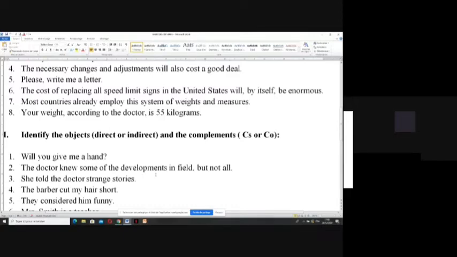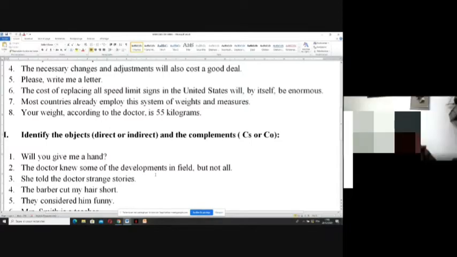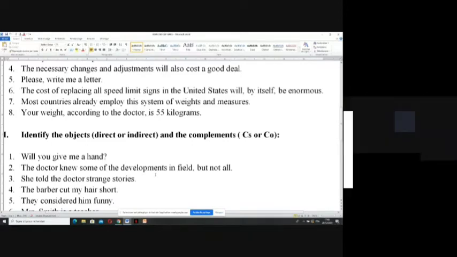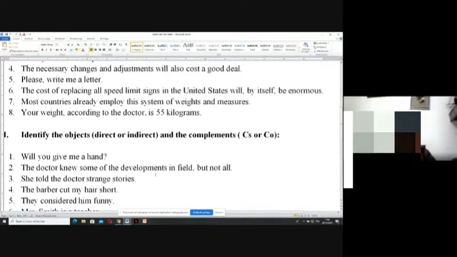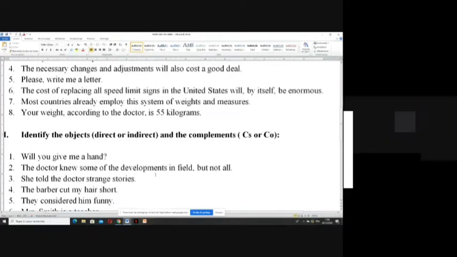Number 3, she told the doctor strange stories. She told the doctor what? Strange stories. To whom? To the doctor. So it's a ditransitive verb. It takes two objects, direct and indirect objects. So where is the indirect object? The doctor.